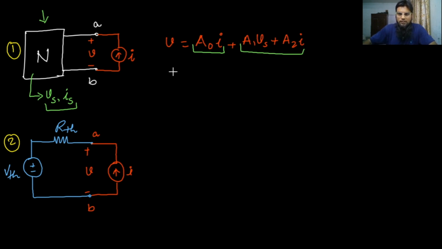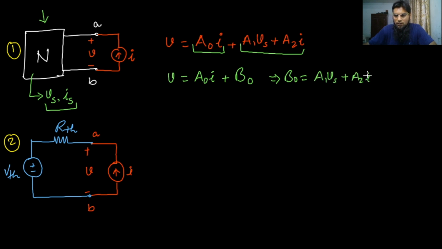Now let us write these two, internal and external contributions, in a different manner. V can be written as A naught I plus a term B naught replacing the internal contribution, where B naught is A1 Vs plus A2 Is.